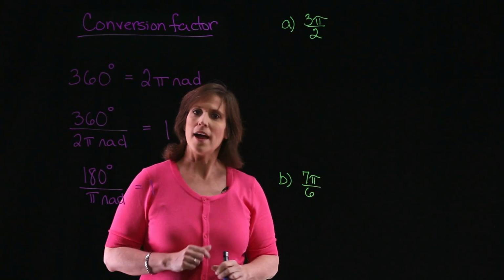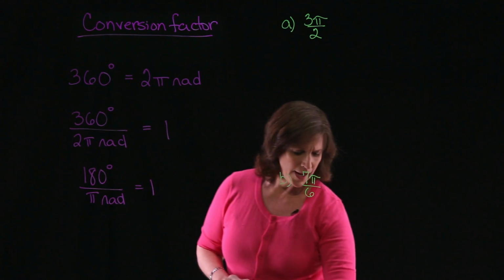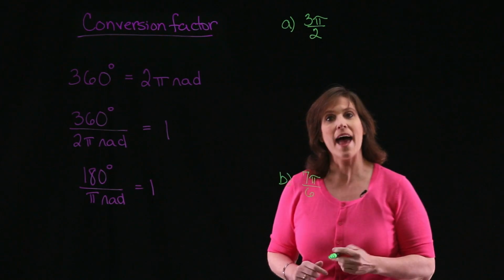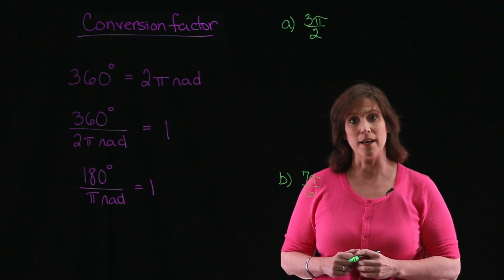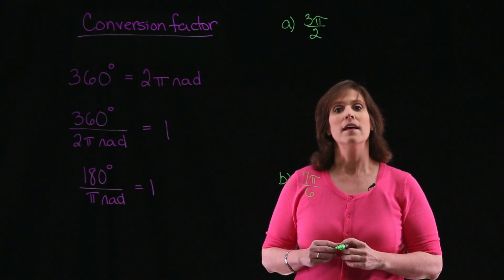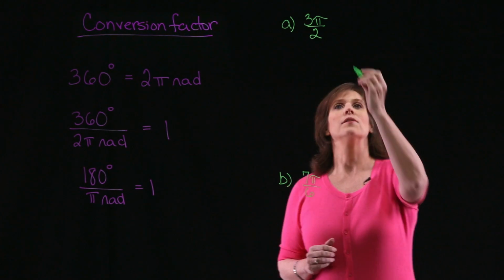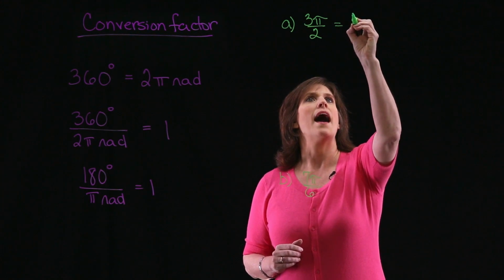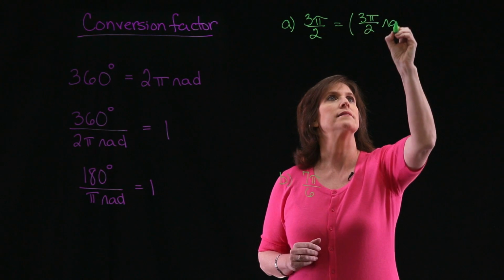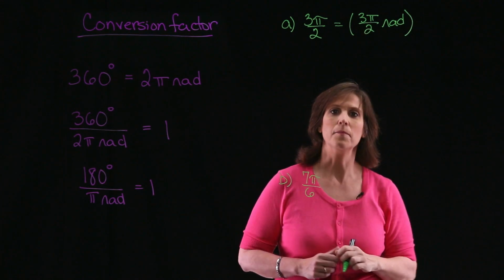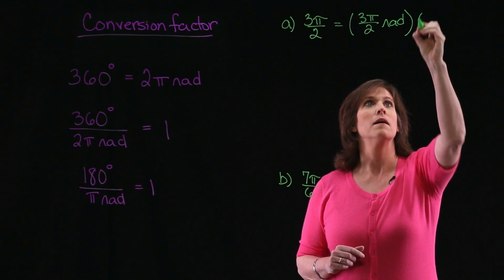All right, so let's try a couple of problems. In the first example, I have an angle whose measure is 3 pi over 2. Notice there are no units written here. If there are no units written, the units are radians. So let's rewrite this as 3 pi over 2 radians. Now I'm going to multiply by 1.